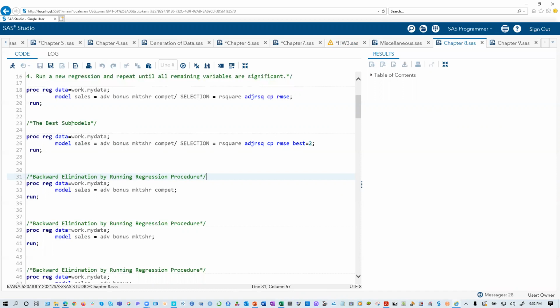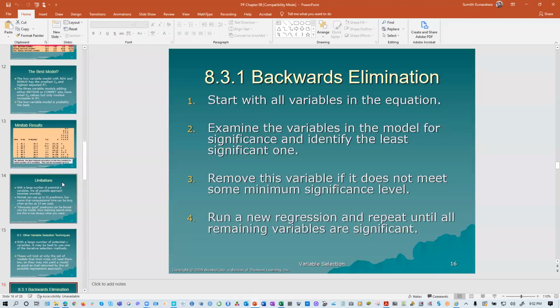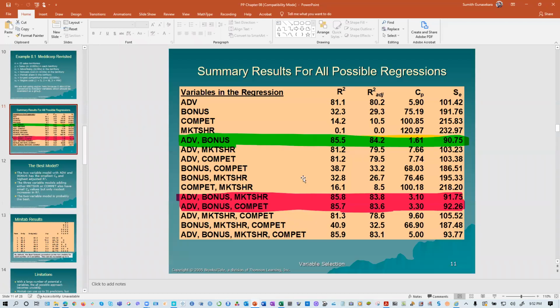Each and every submodel size would have a different number, the singles have four submodels in the same example. You can restrict that. Sometimes you say, I don't want to see all of these, give me the two best out of these four. I don't need the four of them to be seen. Give me the best two.